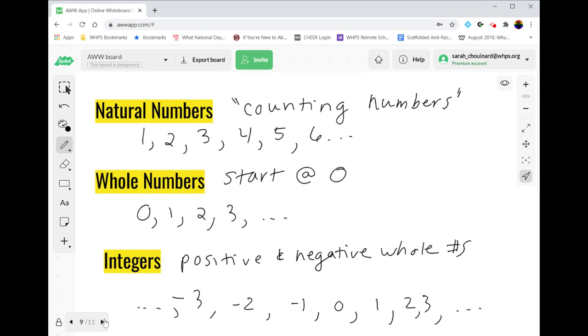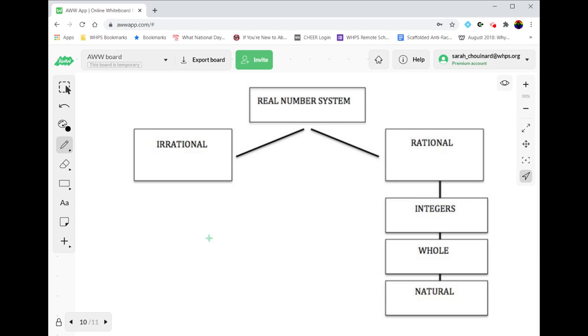That's what makes them unique. So if we look at our chart, the real number system can be broken up into either irrational or rational. Then from rational, just like with the bear, we got more specific. We called him a warm-blooded mammal. Rational can get more specific, so you can have integers, whole numbers, natural numbers.